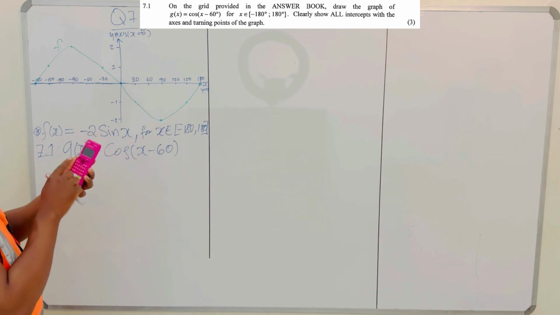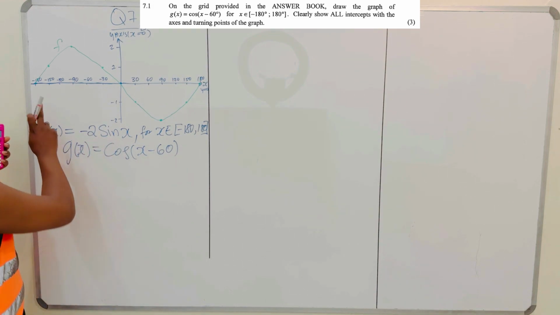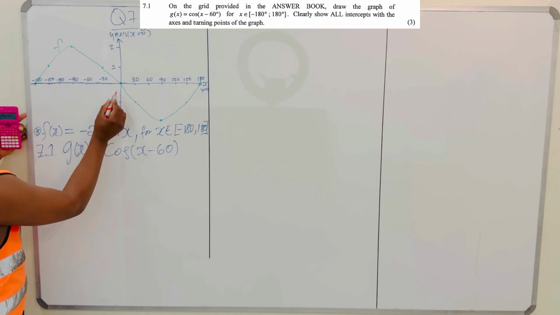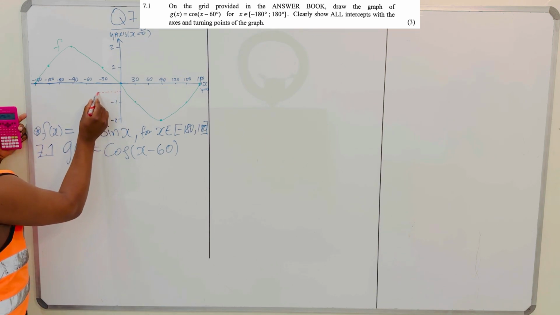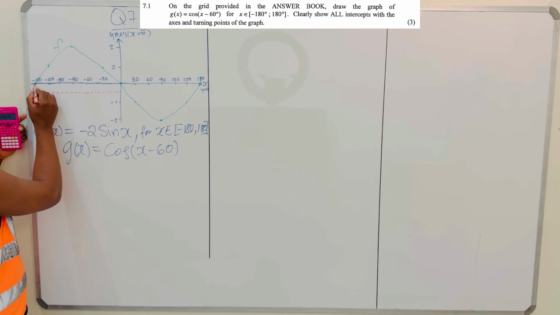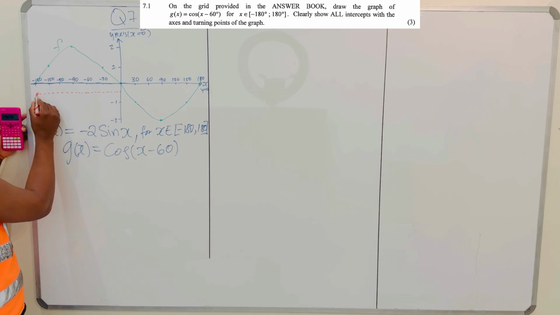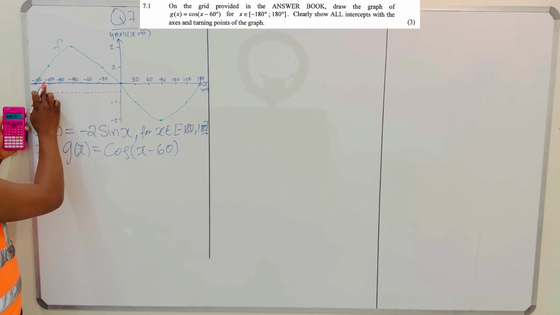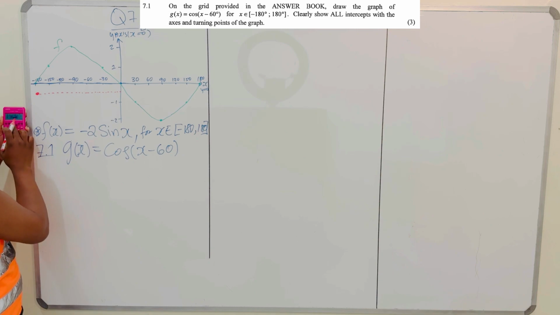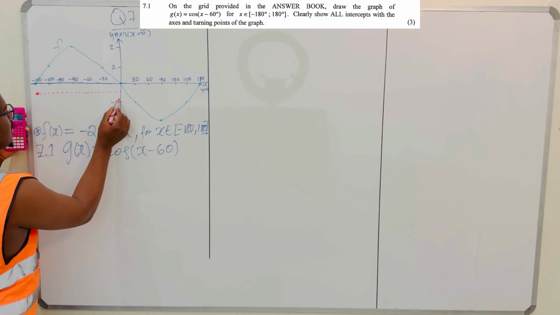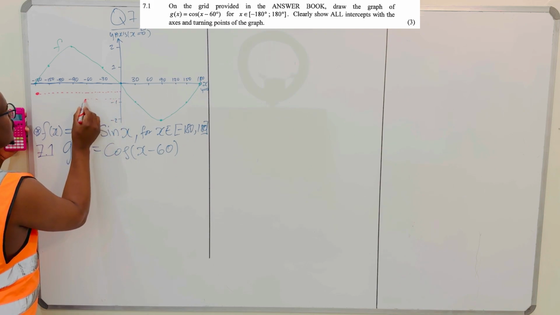I'll use the red ink. So it seems minus 180 degrees plots with a negative half, which is somewhere here. Minus 150, which is this, plots with a negative 0.9, somewhere here.